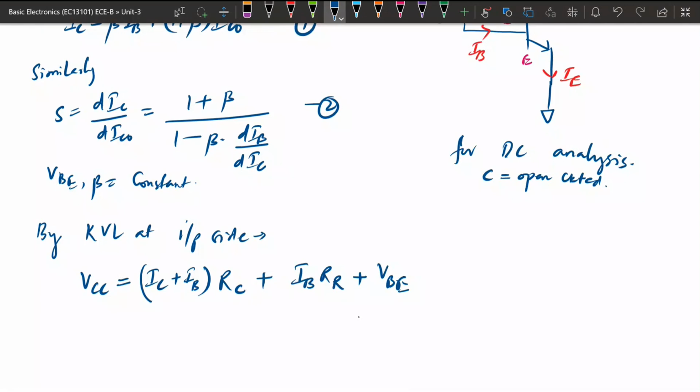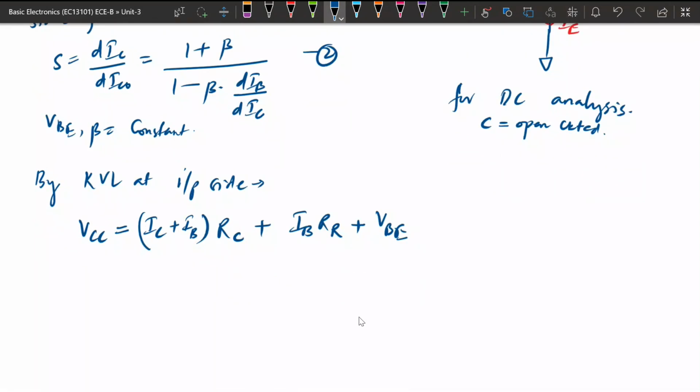Once we have this, we need to separate it in terms of IB and IC. Writing VCC equals, the IB terms are this IB and this IB, so it will be RC plus RB multiplied by IB, plus RC IC, plus VBE.